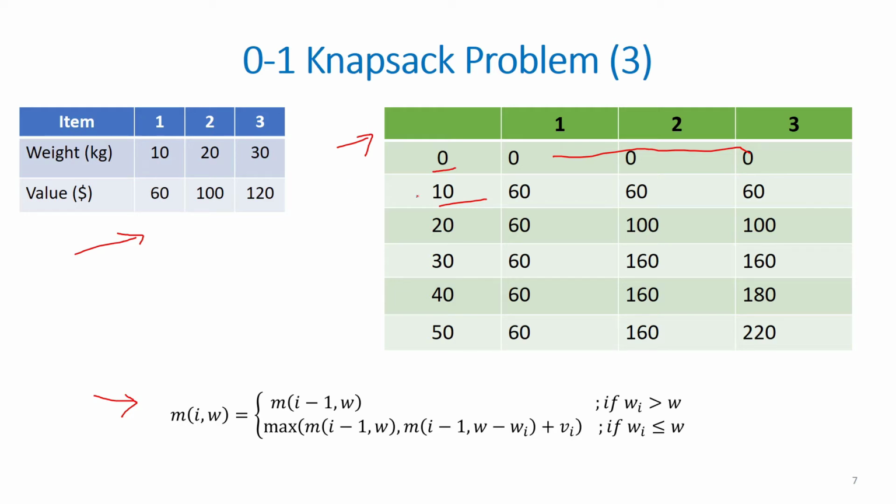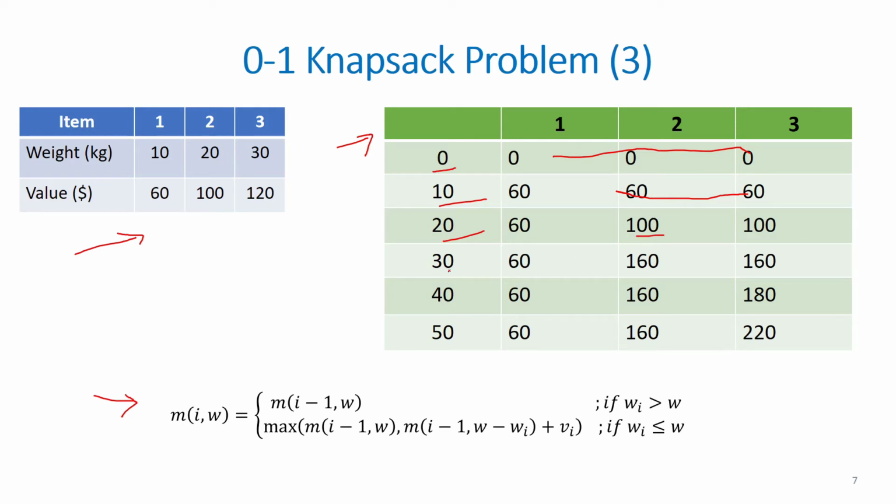So the entire row is filled with the value of item 1, which is 60. For W equal to 20, we see that items 1 and 2 have weights less than or equal to 20. But selecting item 2 instead of item 1 would give us a total value of $100, which is more than $60. So M[2][20] would be equal to 100.